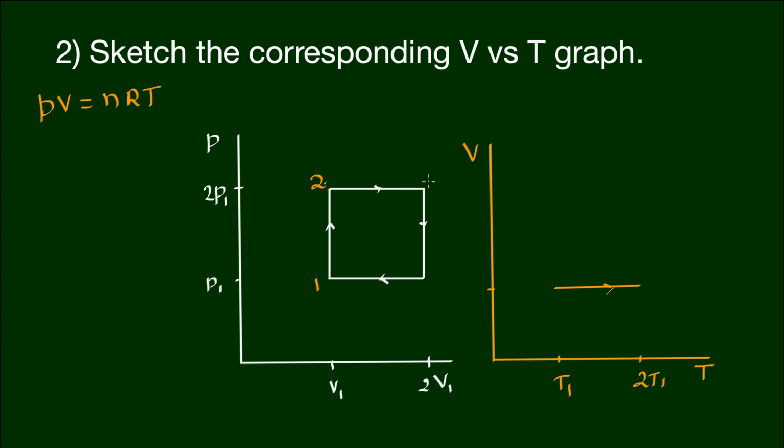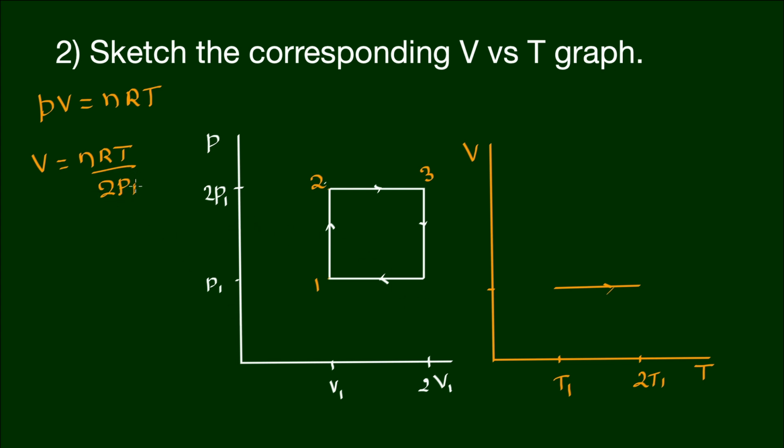Let's go from 2 to 3 along the cycle. Here we have a constant pressure process. Pressure is 2P1. So we are plotting V versus T. So V is going to be nRT by the pressure. Pressure is 2P1, so the denominator is a larger number; 2P1 is larger than P1.